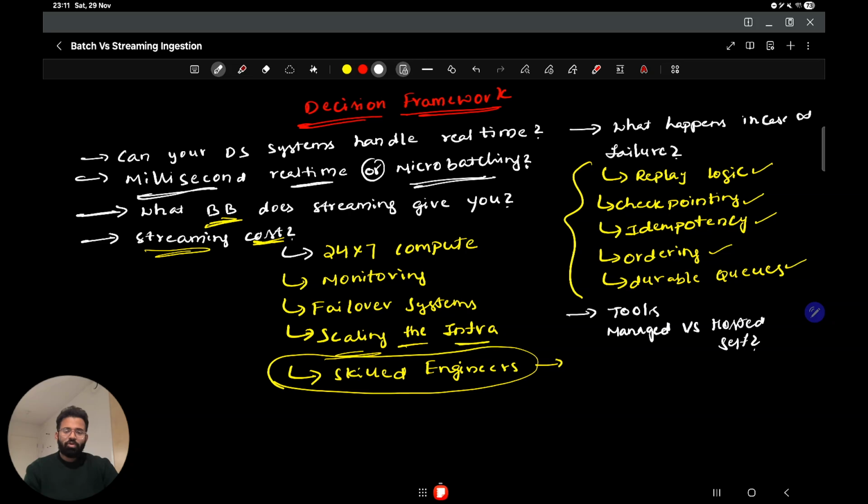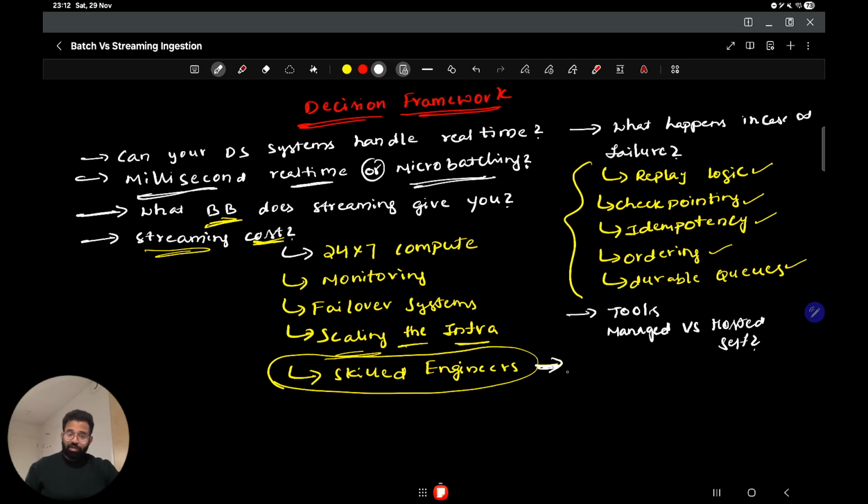If your team doesn't want to manage the infrastructure, managed solutions like Snowpipe, Event Hubs, or Pub/Sub would be easier. But if your team needs full control, you might end up running Kafka, Pulsar, Flink, or Spark Streaming. But of course, at the end of the day, someone must maintain them, and those will be the skilled engineers that we talked about here.